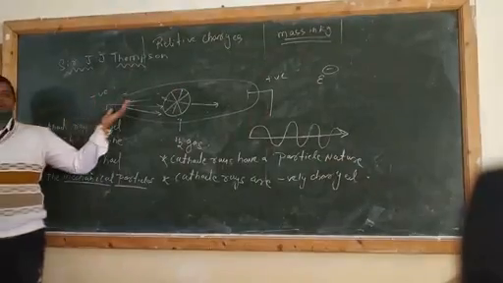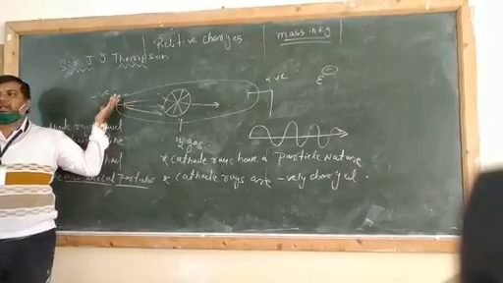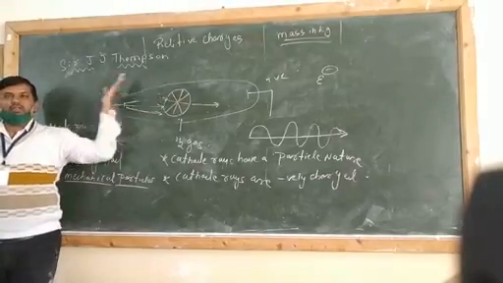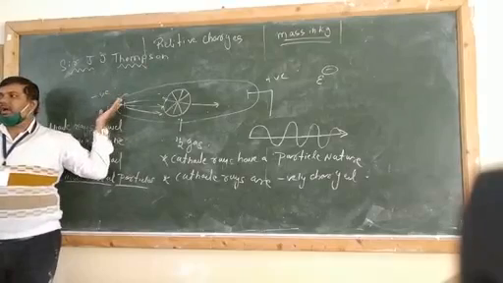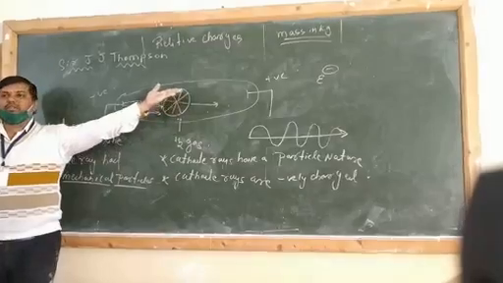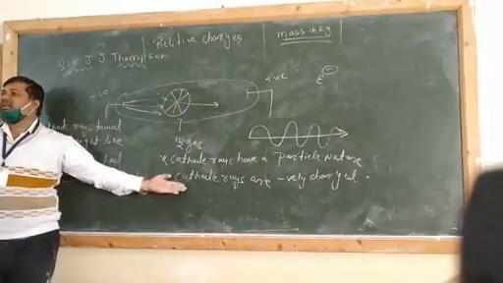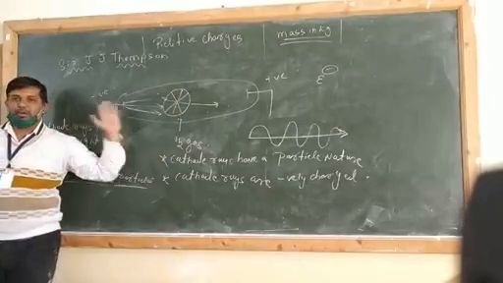Because it was moving from a negative terminal, और नेगेटिव कहां पे जाएगा? हमेशा पॉजिटिव की तरफ जाएगा. So negative rays were coming out and they were going towards the positive terminal. So it showed that the cathode ray has the negatively charged property.